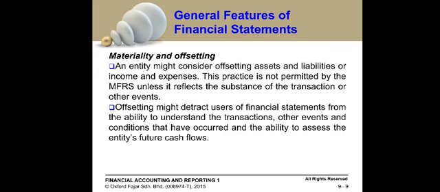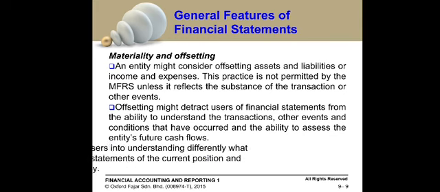Why is it not allowable? The reason is in the second point. Offsetting might detract users of financial statements from the ability to understand the transactions. If you put the offsetting amount only, users of the financial statement cannot understand the actual thing that happened between company A and company B. You have to show everything.